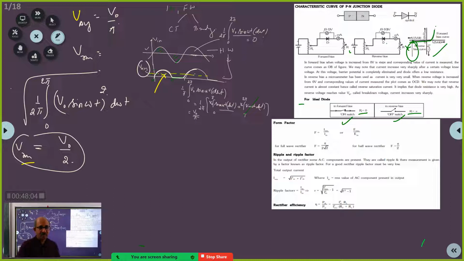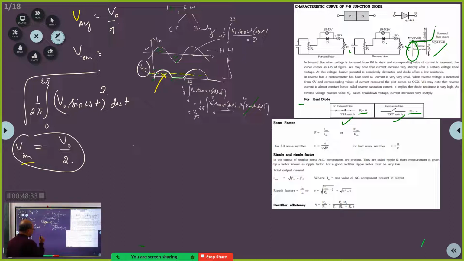From this output I want to do something, and when I want to do something, I need to know its value. Using this I want to do something, and to do something I should know what value of this I should consider. Okay, now listen very carefully.